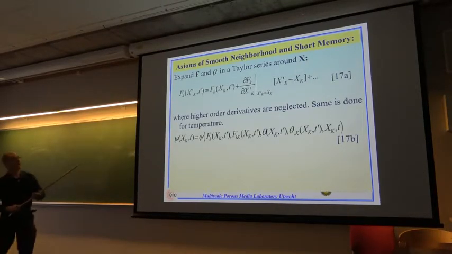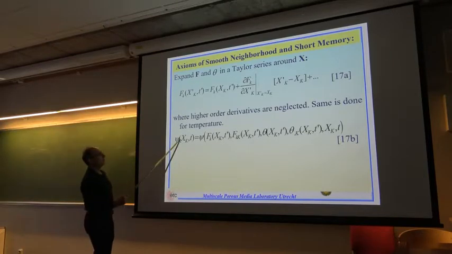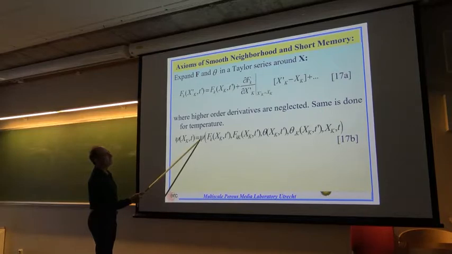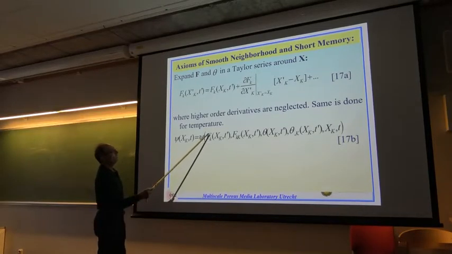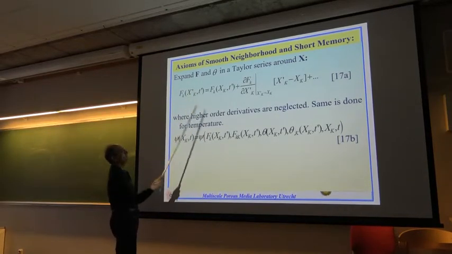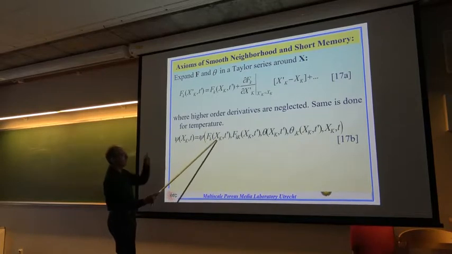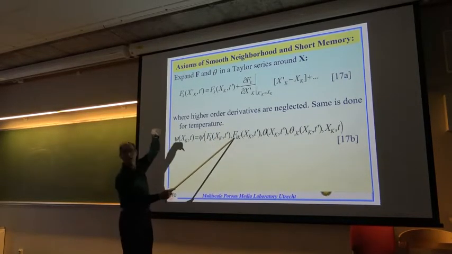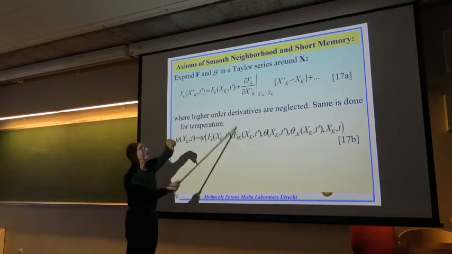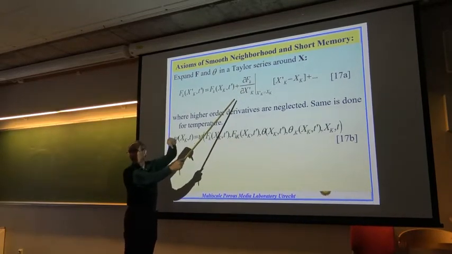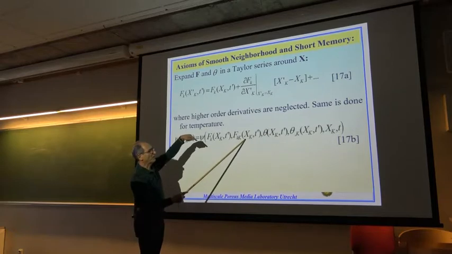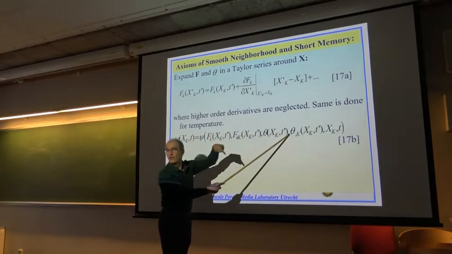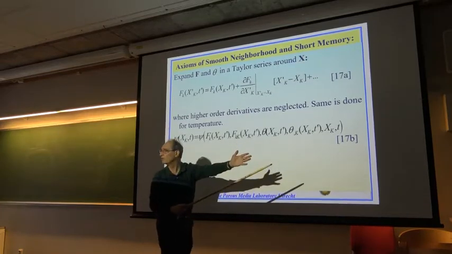That means psi is now written not as a function of F_k of x prime, but F_k of our current material point, the gradient of motion. You remember this is the gradient of motion. The gradient of motion, the temperature, the gradient of temperature. And I can add higher order gradients here.